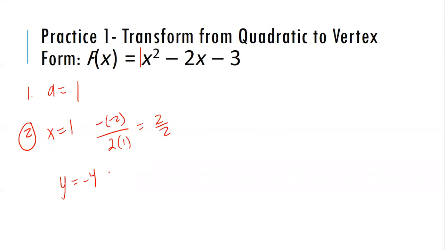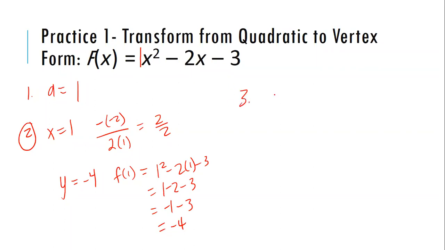And the reason why your y would equal negative 4 is because if you plug 1 into f of 1, you get 1 squared minus 2 times 1 minus 3. 1 minus 2 minus 3 equals negative 1 minus 3 equals negative 4.